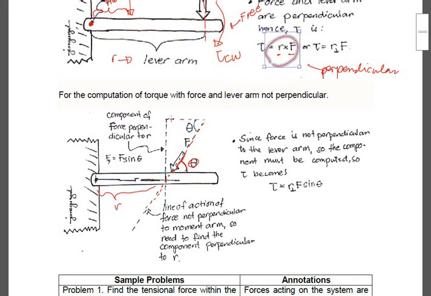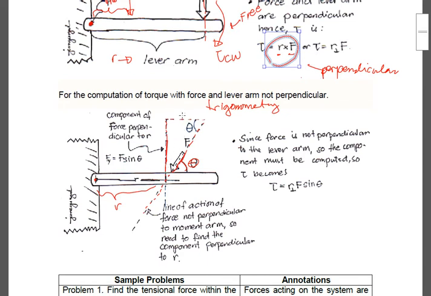However, with the use of trigonometry, we can find the perpendicular force, and this is the perpendicular force. This perpendicular force will create torque on the system. So there is torque in this case because there is a force perpendicular to the moment arm.